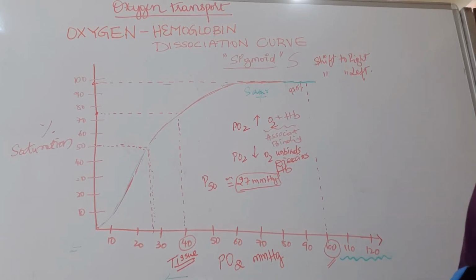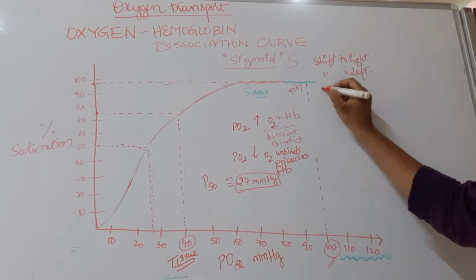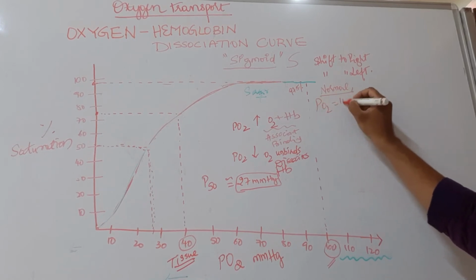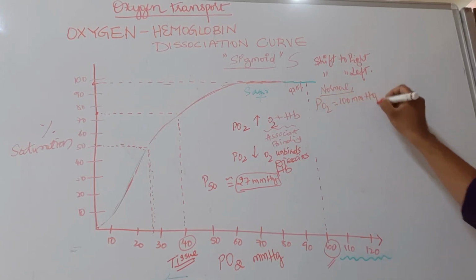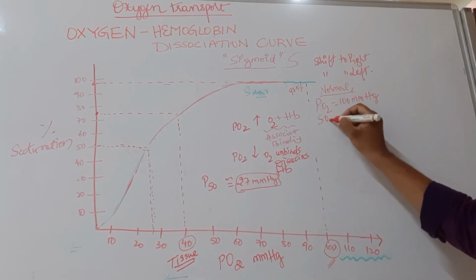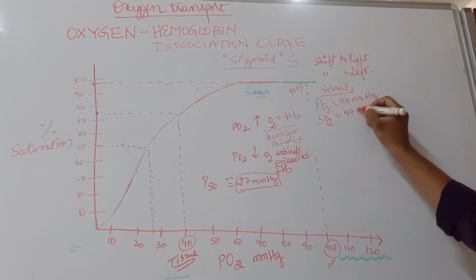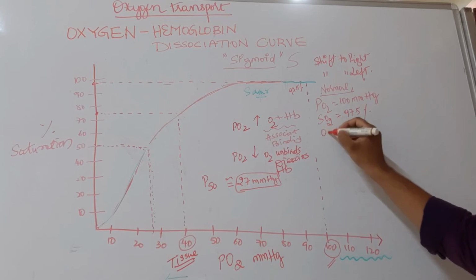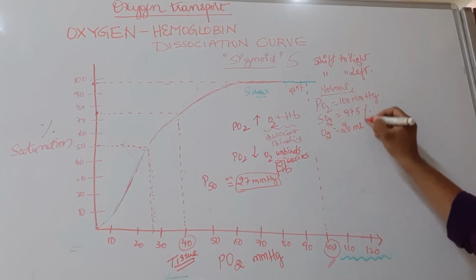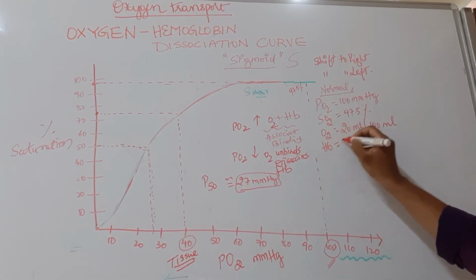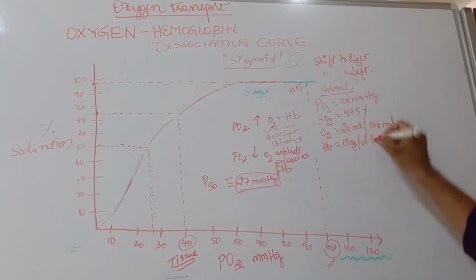Before that, in a normal condition, if the partial pressure of the oxygen is 100 mmHg and the percentage saturation is 97.5% or 98%, the oxygen delivered is about 20 ml per 100 ml of blood, or 20 volume percent, with a hemoglobin concentration of 15 gram per deciliter.